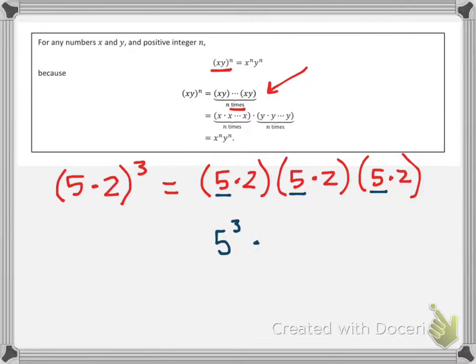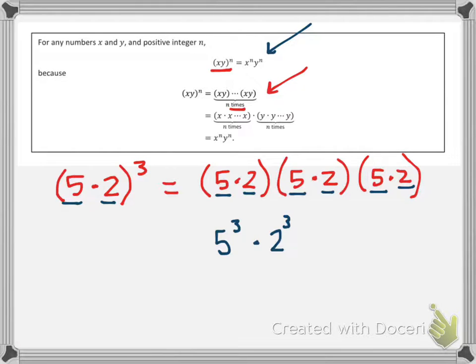And then we're going to multiply 3 2's together. So that would be 2 being repeatedly multiplied, and there are 3 of those. So we get what we're told that we're supposed to get, and that is each base raised to the 3rd power: 5 to the 3rd power, and then the other base, 2, also raised to the 3rd power.